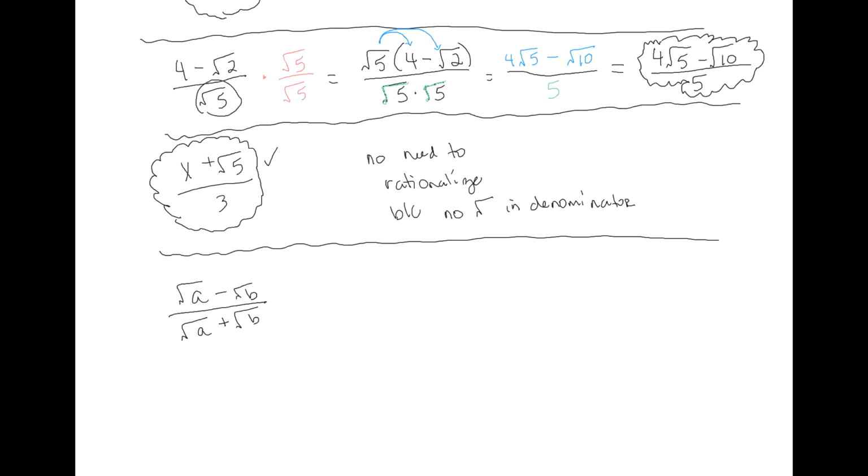Are you going to multiply it by the square root of A minus square root of B? Exactly. That's my problem, that I have those square roots on the bottom. So I'm going to multiply by the same terms, just a different sign than I have.